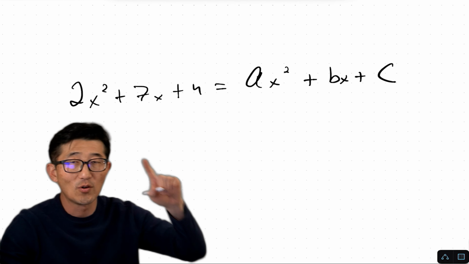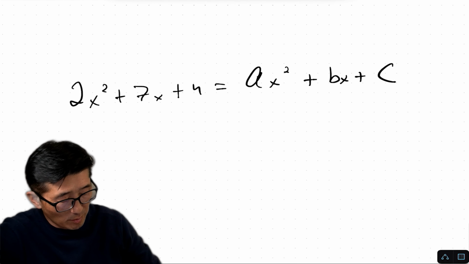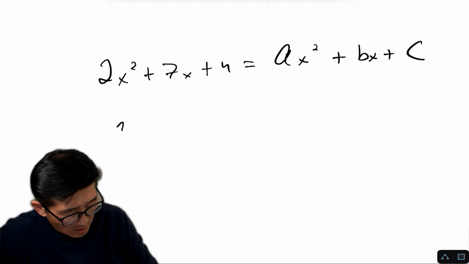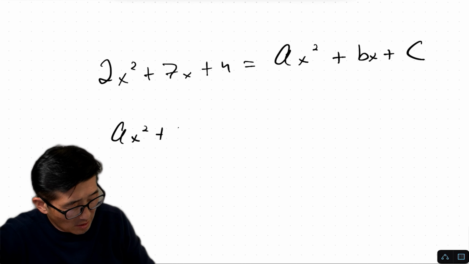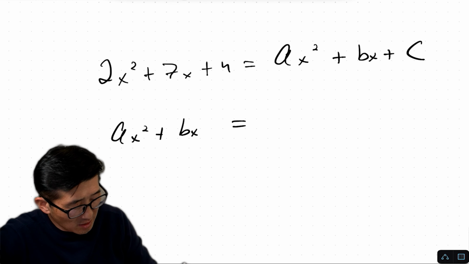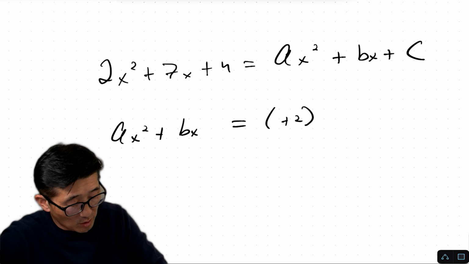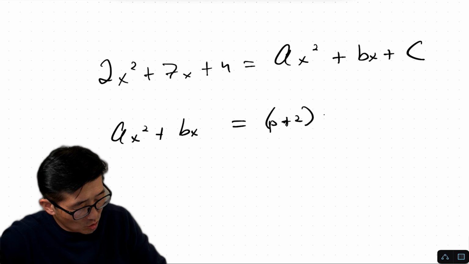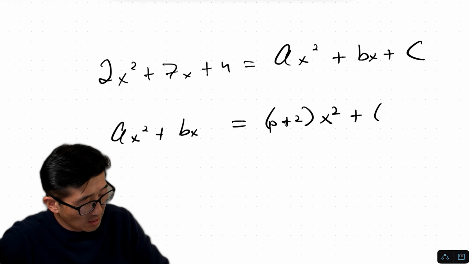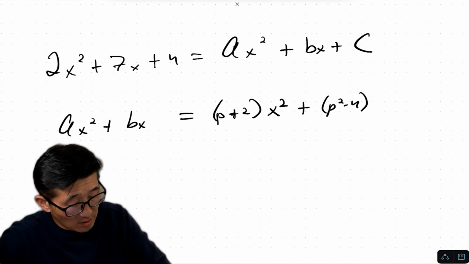Now, sometimes the setup is really simple, but sometimes the setup looks something like this, like ax squared plus bx, and on this side you'll see something like, I'm just going to do some random numbers, like p plus 2x squared plus p squared minus 4 x.